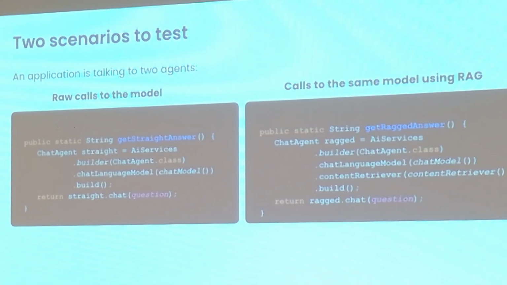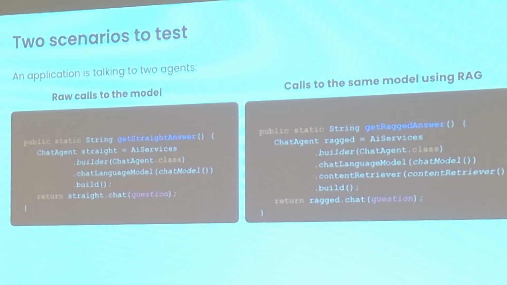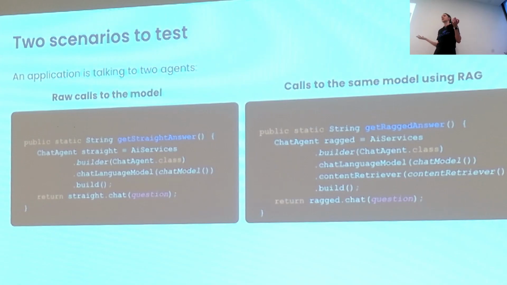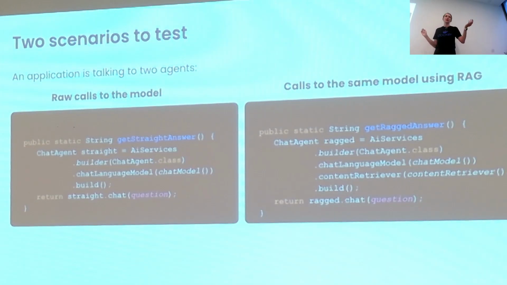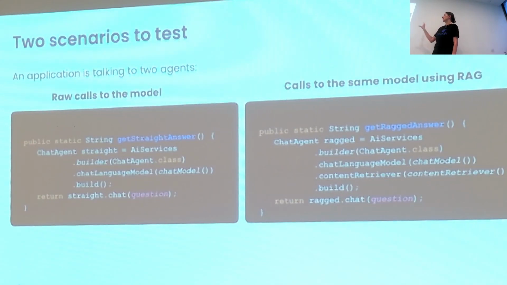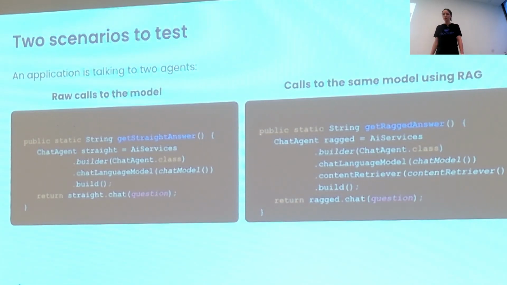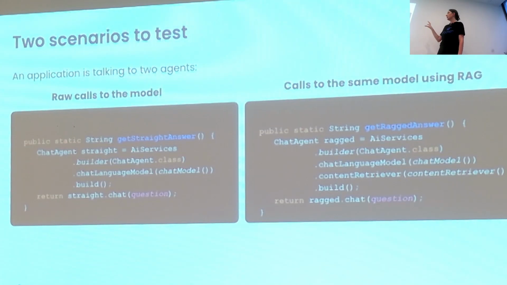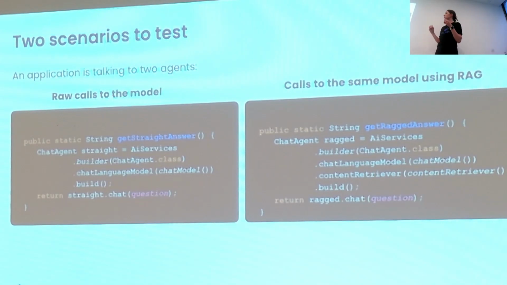For the straight answer, the model doesn't know what happened in Formula One in 2024. If we probably change to GPT, I think it would know, but the small model doesn't know this. The RAG answer will use RAG, with the knowledge for the model to provide more correct answers. So we will be testing these two scenarios, how the model would behave in each.